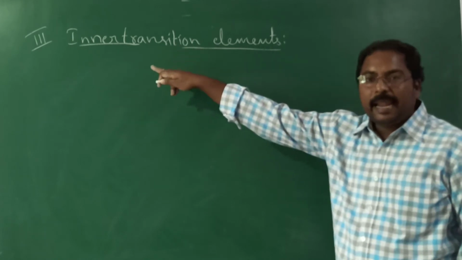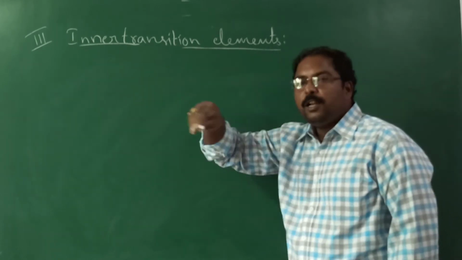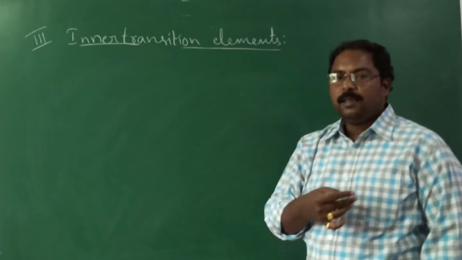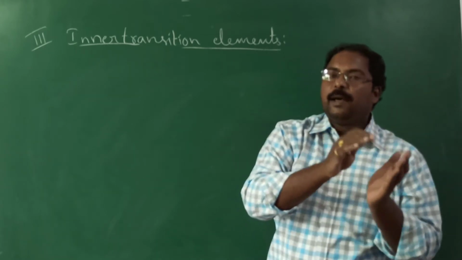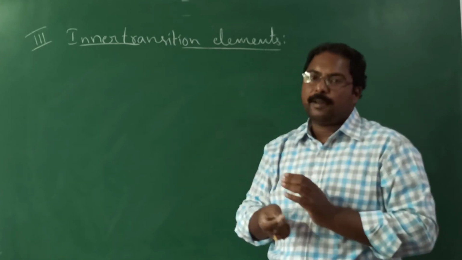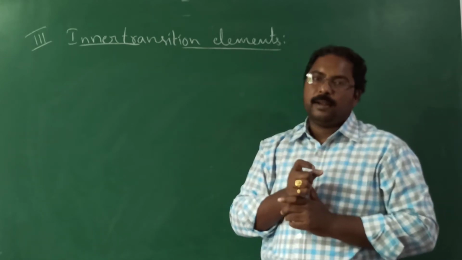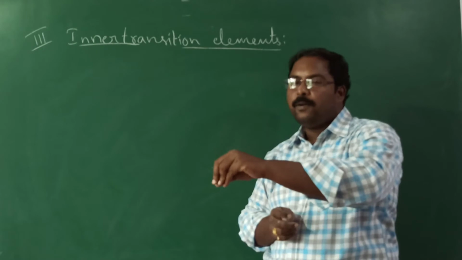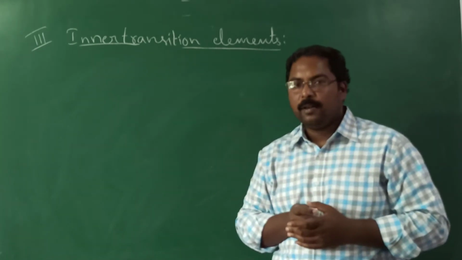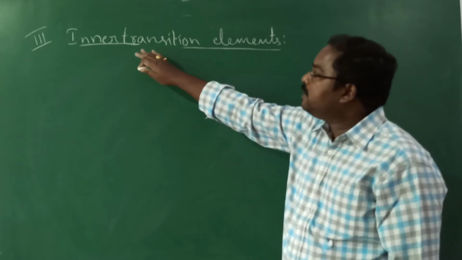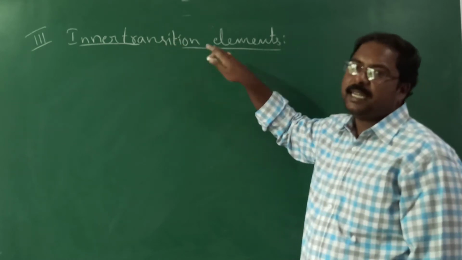From the name you will get an idea. If you observe the location of f block elements, in yesterday's class we discussed where they are located. They are present in the d block, that third B group, but they are placed separately at the bottom of the table. That is why these are known as inner transition elements.